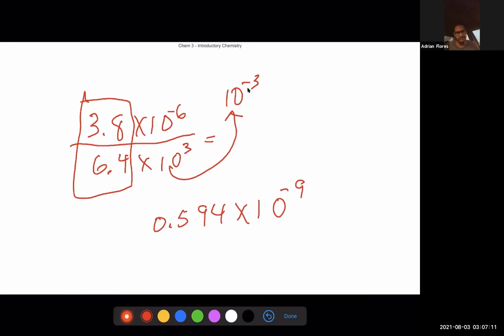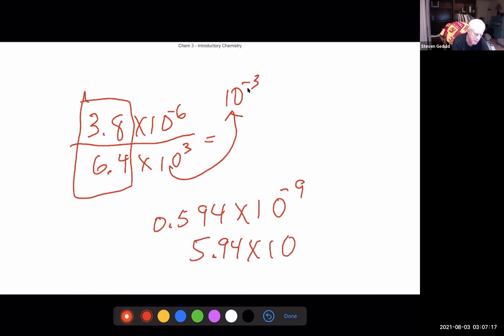So this all becomes 5.94 times 10 to the, and I made this number bigger, so make this one smaller. So 10 to the negative 10. Made that one bigger by 1, made that one smaller by 1. Perfect. Making sense? Cool.